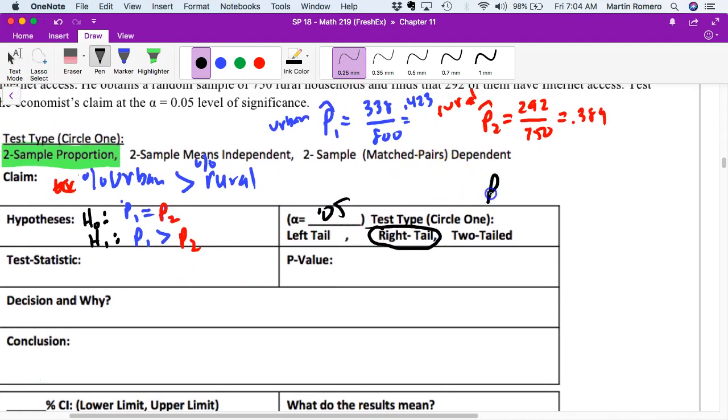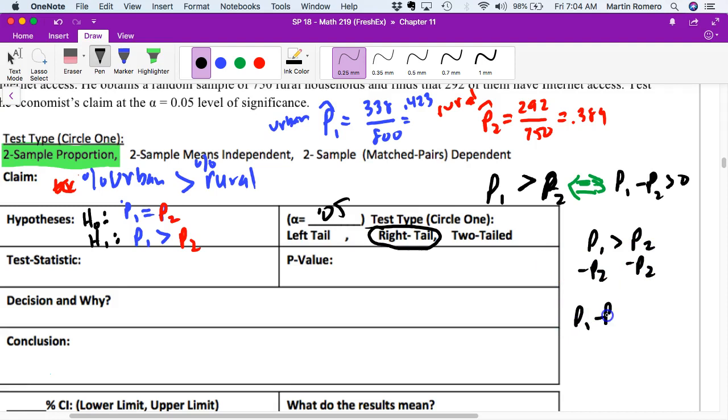P1 is greater than P2 is the same thing as P1 minus P2 is greater than 0. They are equivalent statements. The reason is that if I subtract P2 from both sides, I get P1 minus P2, and P2 minus P2 is 0.